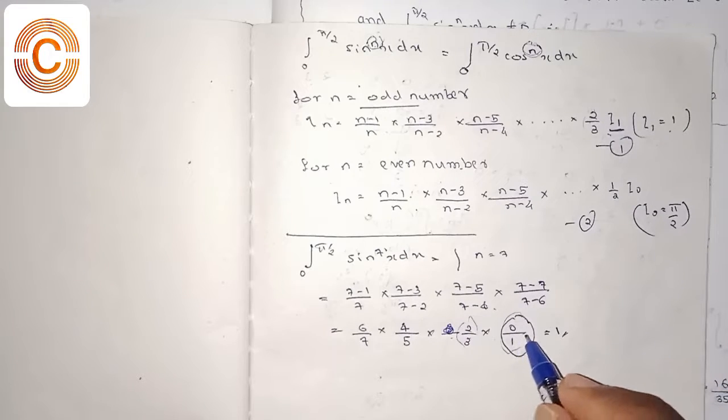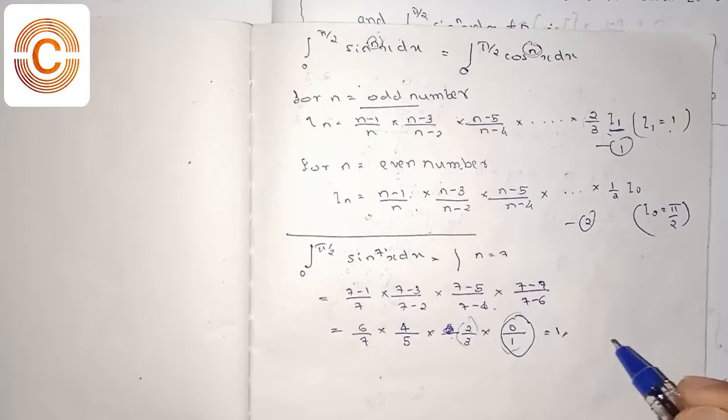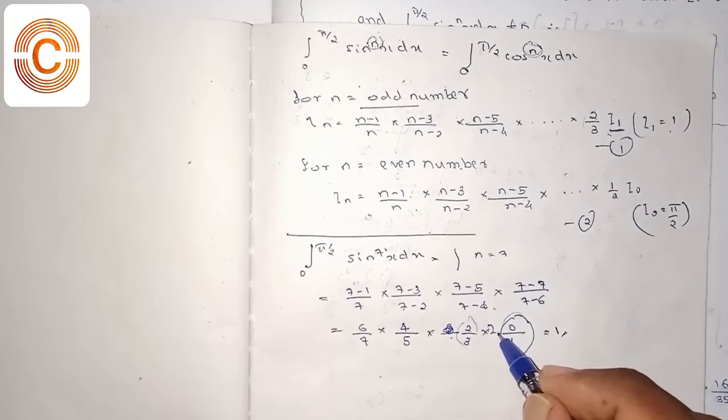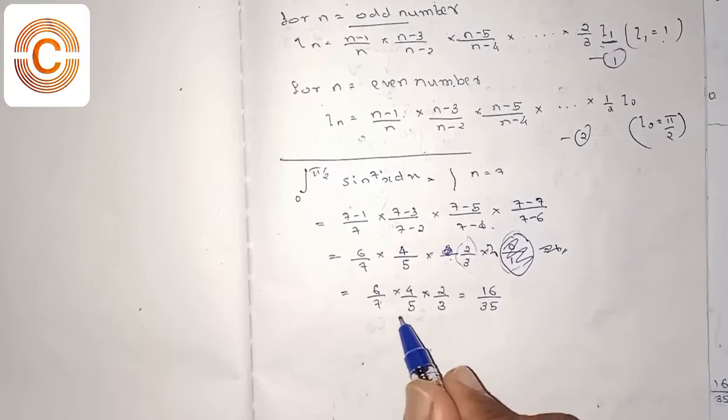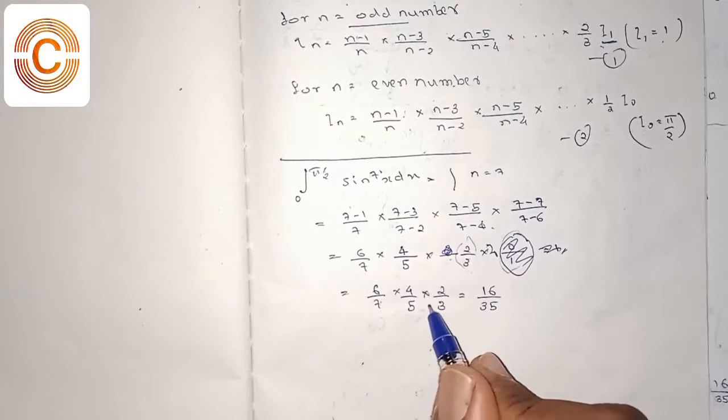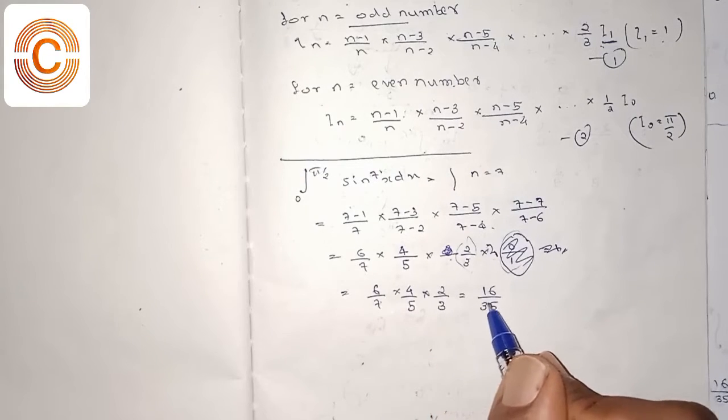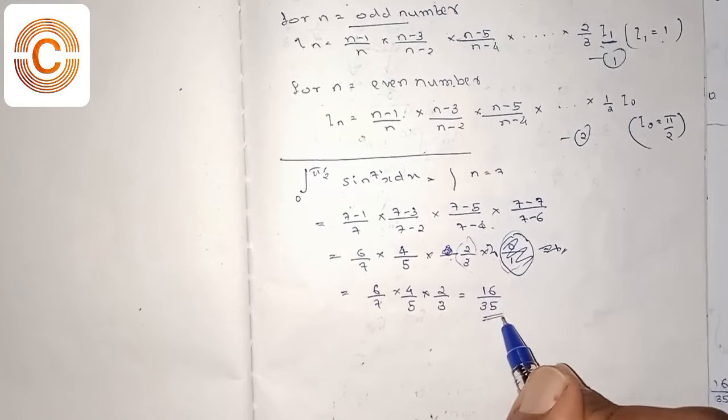So we get the final result as 6 divided by 7 into 4 divided by 5 into 2 divided by 3, which is equal to 16 divided by 35. Please check whether the final result is true or false.